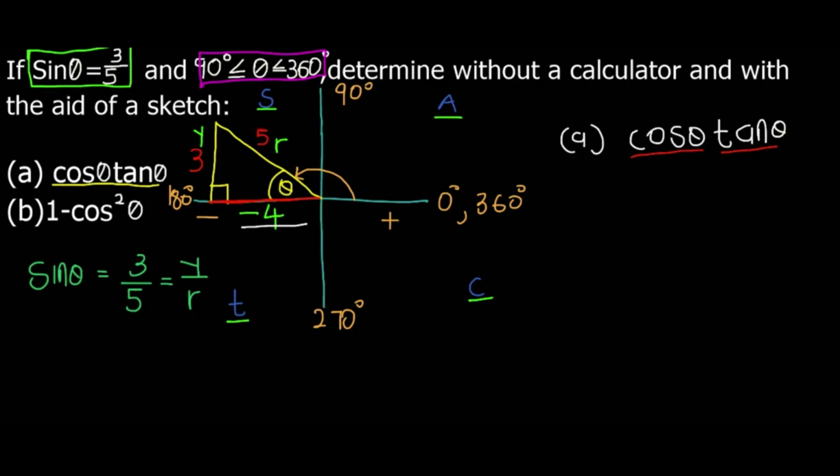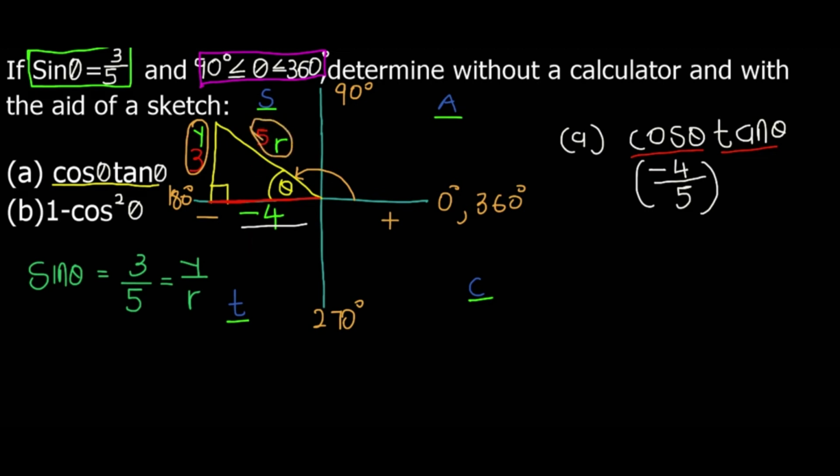You can use SOH CAH TOA to remember your trig ratios. So here we have -4 over 5, and then tan theta is opposite over adjacent. So our tan is this one, and our adjacent is this one.